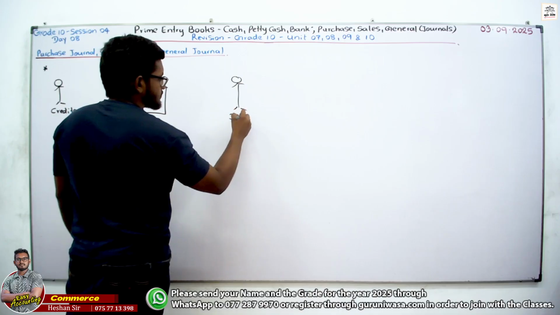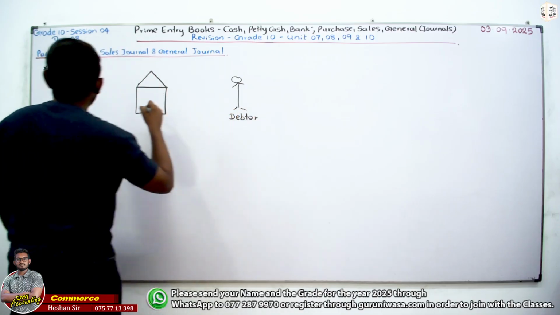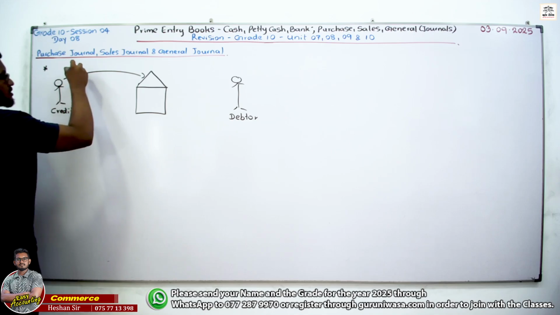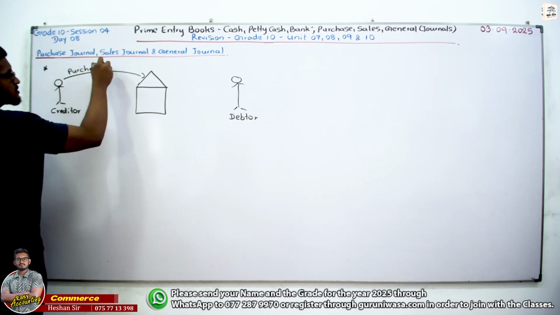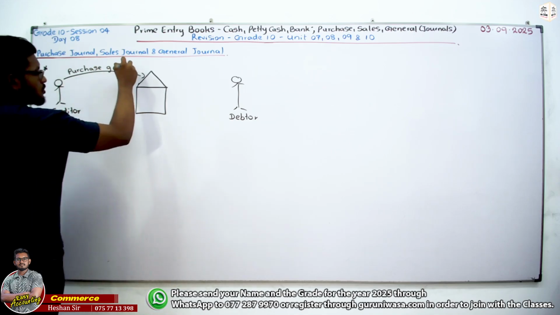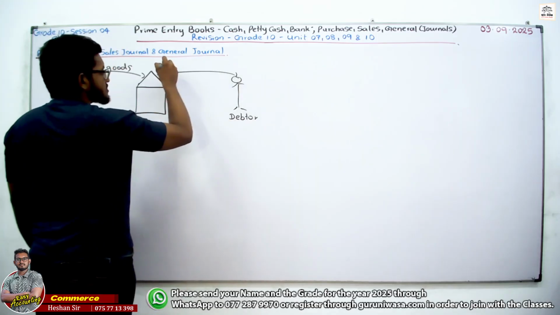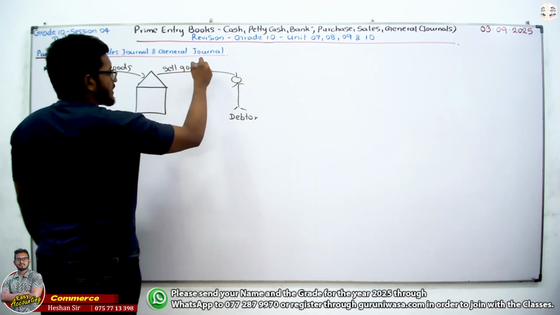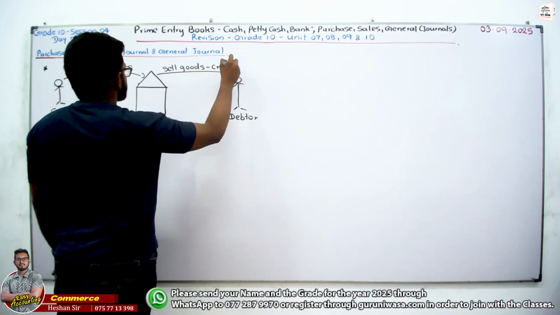In here, from the creditor we purchase goods. For the debtor we sell goods. We sell goods on credit, not cash.